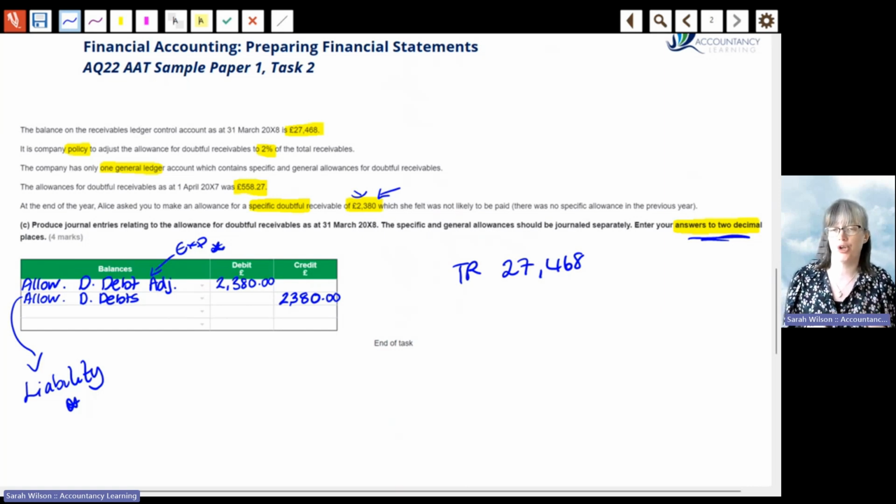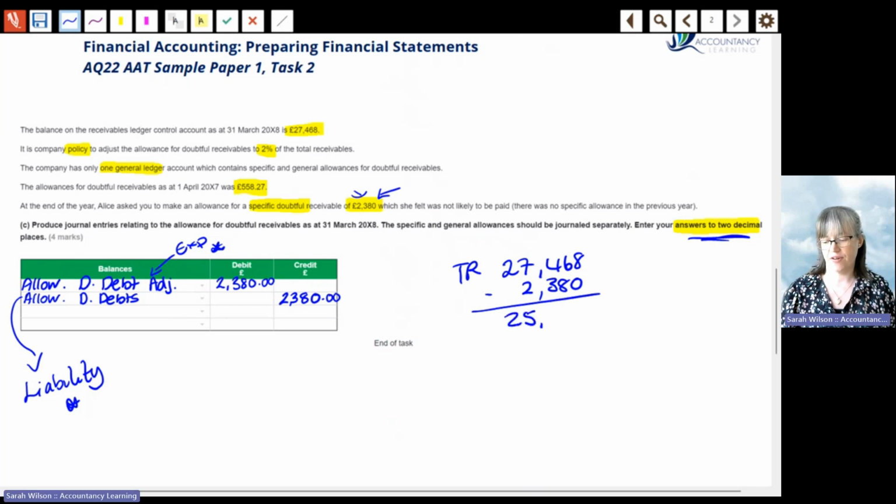So we don't want to do another 2% on that. So we have to minus out the 2,380, which would give us £25,088. So this is our new trade receivables figure.